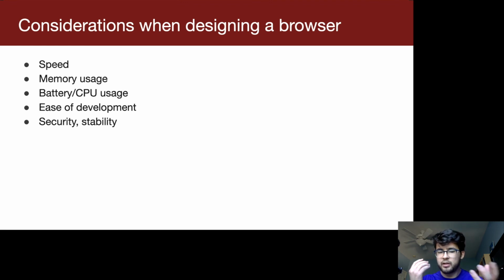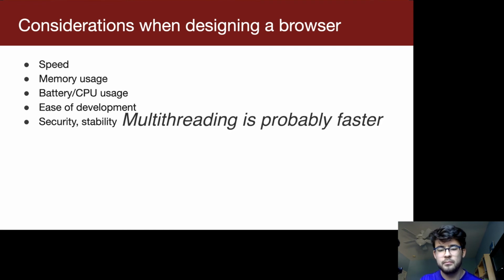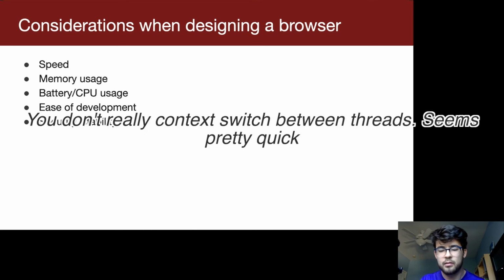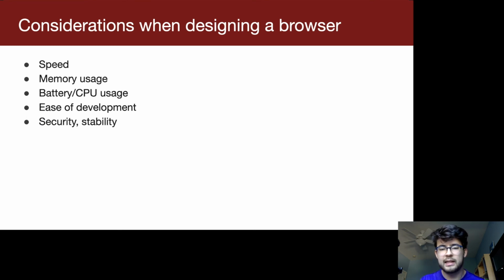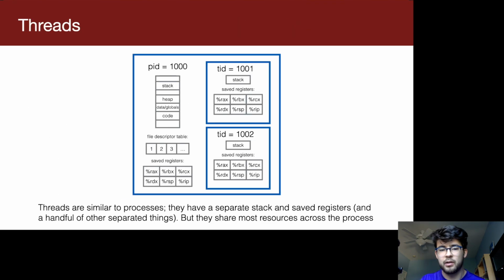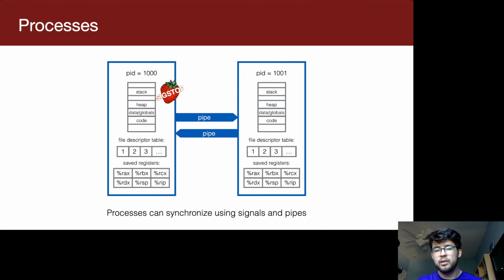Threads, multi-threading or multiprocessing? Anyone have a leaning for speed? Why is that? Exactly. So when you switch between processes, you have to change the virtual address space that is being used.